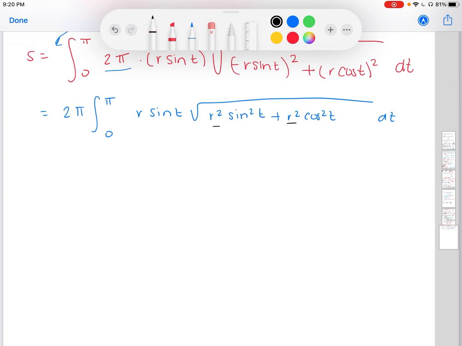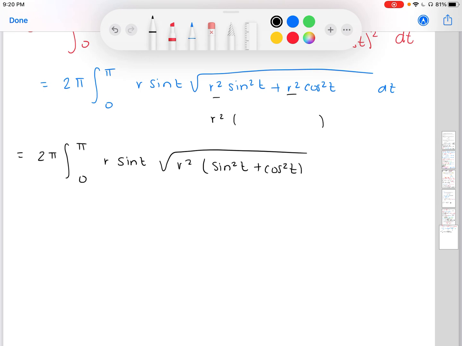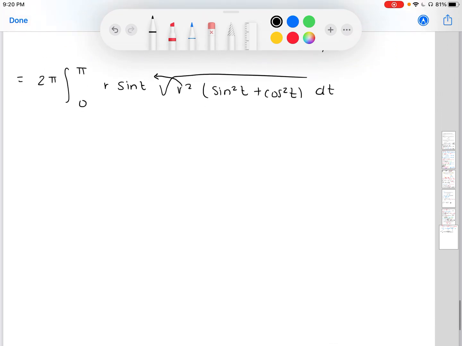So let's go ahead and factor out that r squared. All right, we can take the square root of r squared, so we just get r.